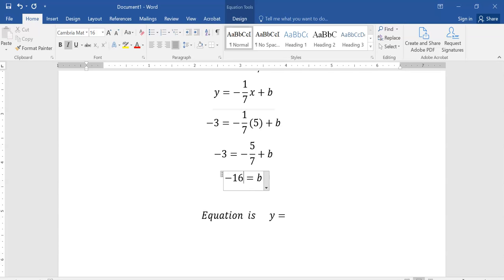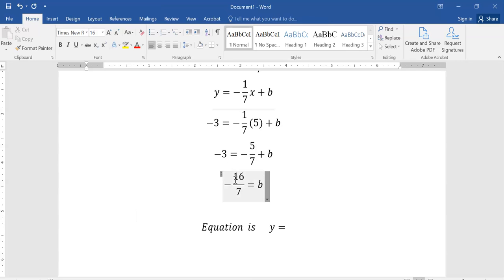If you want to write -16/7, that's the improper fraction. Again, your calculator converts that for you by just hitting a couple of buttons. So I'm just going to leave it as an improper fraction, -16/7. If you wanted to write that as -2 and 2/7, that's perfectly fine.